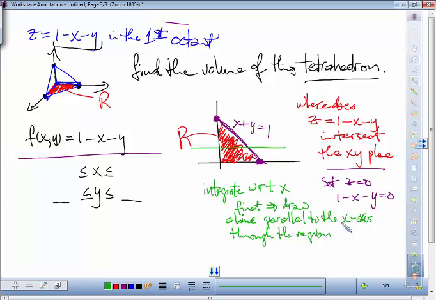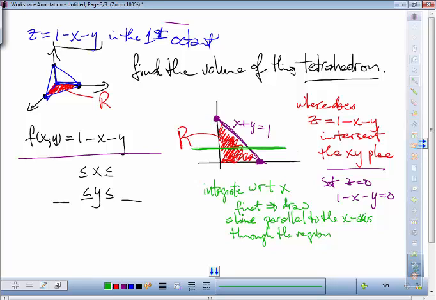We need to focus on something here. When you draw that line parallel to the x-axis through the region, you're going to draw it from less to greater. So if it's along the x, it's from left to right. If it's along the y, it's going from down to up.